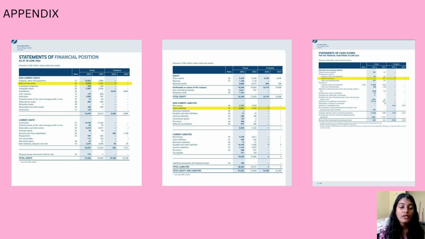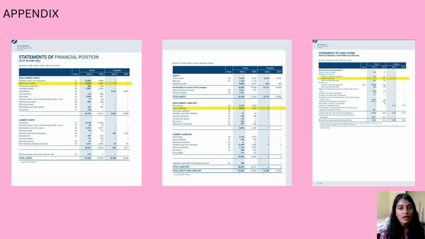For the group, the amount in 2024 is 3,372 million compared to 2,669 million in 2023. For the company, the amount is 1 million in 2024 and nil in 2023.